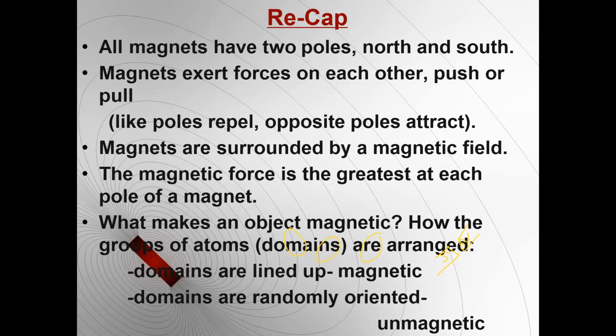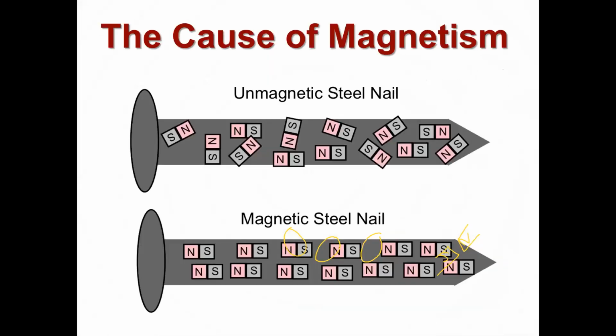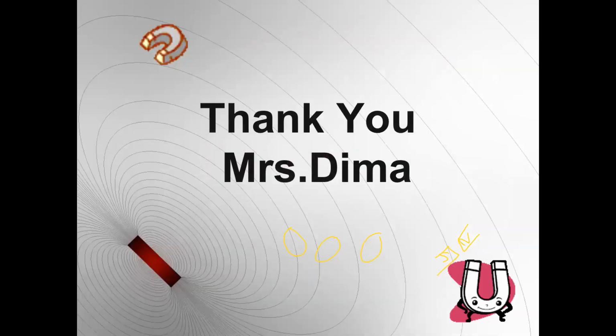If they are lined up, they make a magnetic force. If they are randomly oriented, there's no magnetic force. Here, as you see, for the unmagnetized steel, they are arranged randomly, so there's no magnetic force. But for the iron, as an example in the second part, they are arranged in lines, so there's a magnetic force.